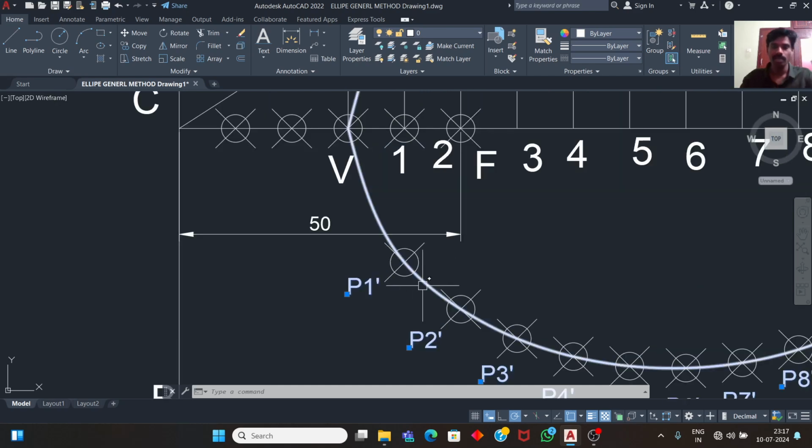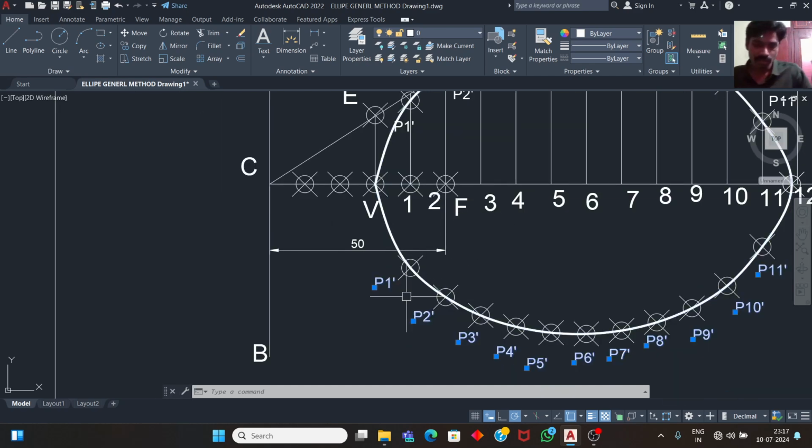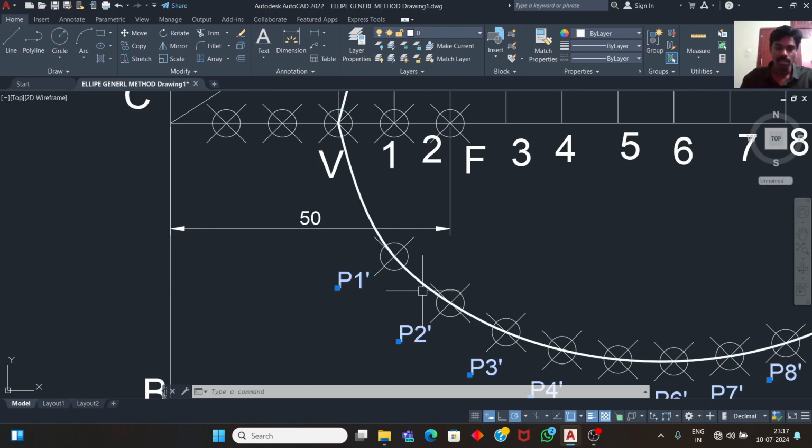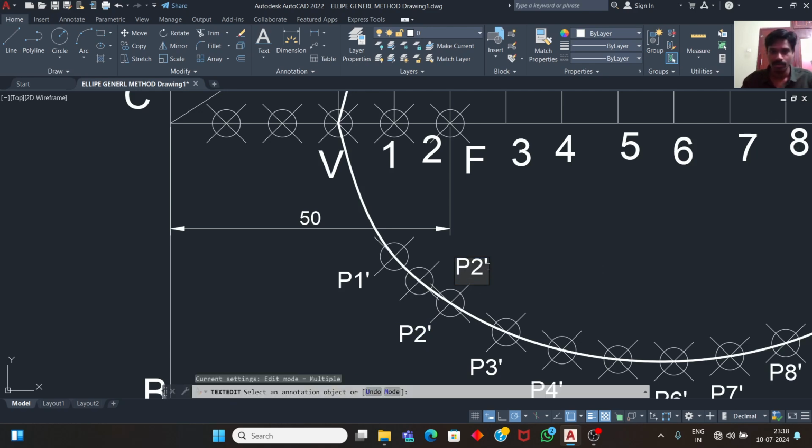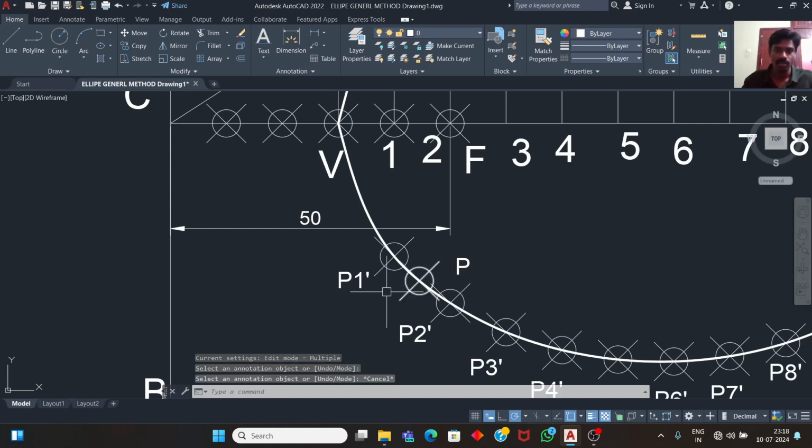I am going to locate a point on this curve by using the point command. I am selecting here. This is the point. I am naming it as P. Okay, this is the point P.